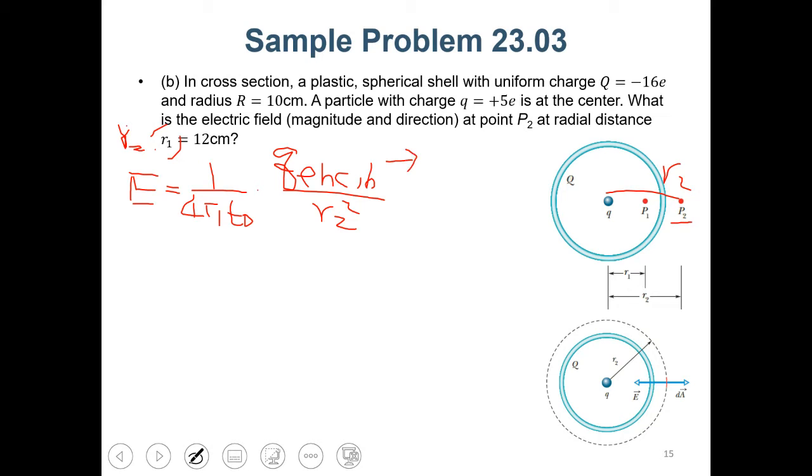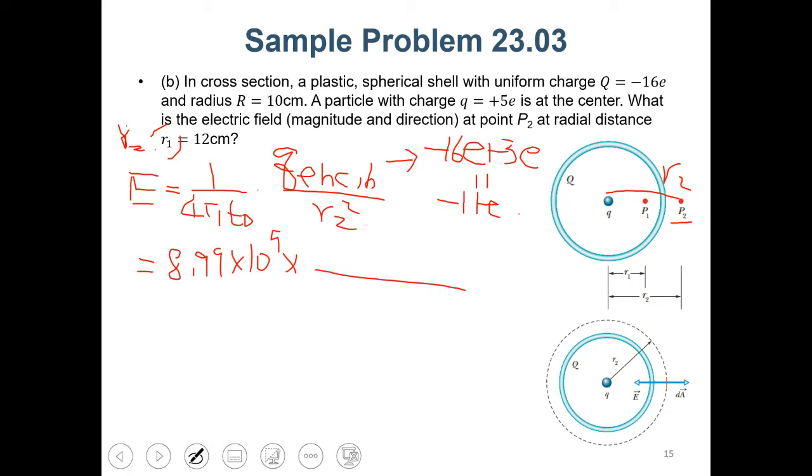Q enclosed should be negative 16e plus 5e, which is minus 11e. So it should be 8.99 times 10 to the 9 times minus 11 times 1.6 times 10 to minus 19 over 12 centimeter, which is 0.12 meters, squared.